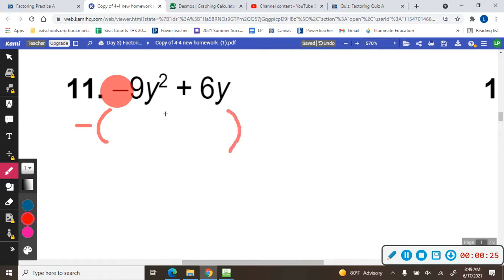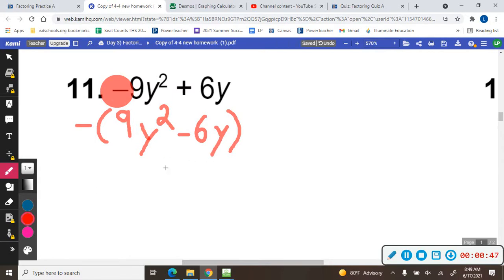So it changes that from a negative 9y squared to a positive 9y squared. It changes that from a positive 6y to a minus 6y. So anytime you have a negative, you should factor it out.